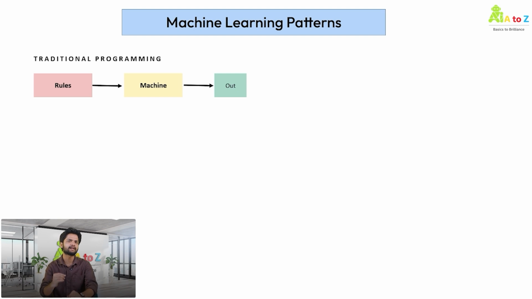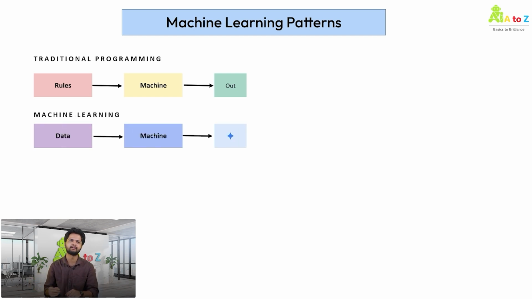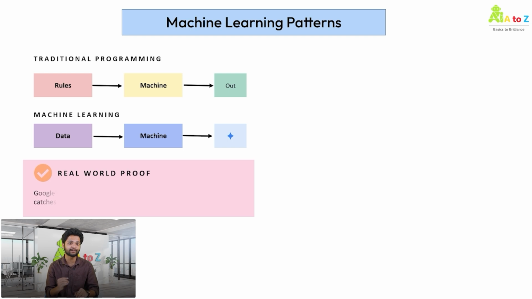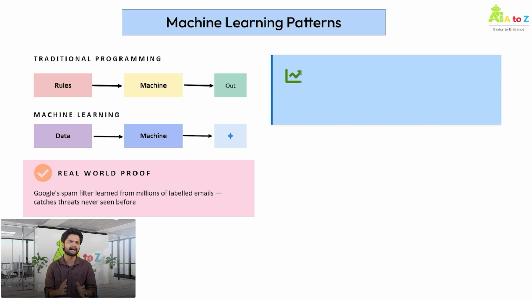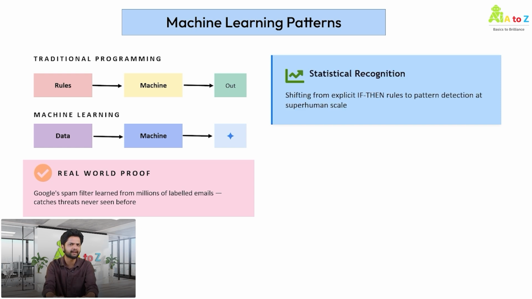And now compare that with machine learning. Data, machine, output. That one change, replacing rules with data, is what unlocks everything. Because now the system is not executing logic, it is extracting the patterns. And this brings us to the first key idea, statistical recognition. Machine learning doesn't understand in a human sense.